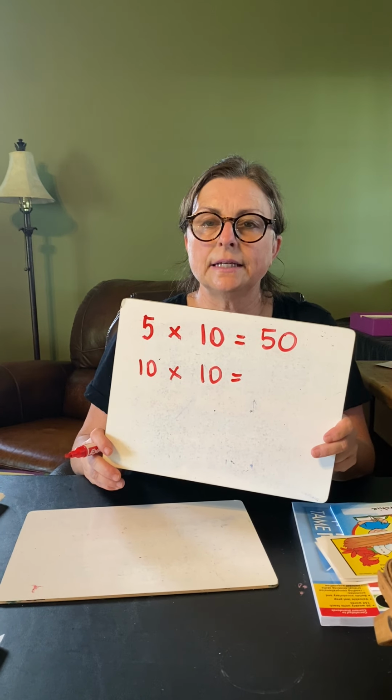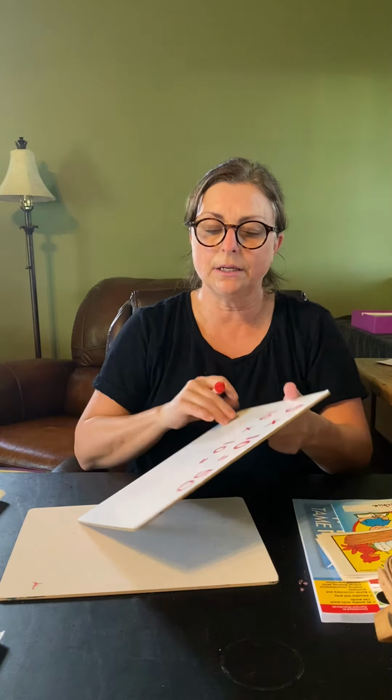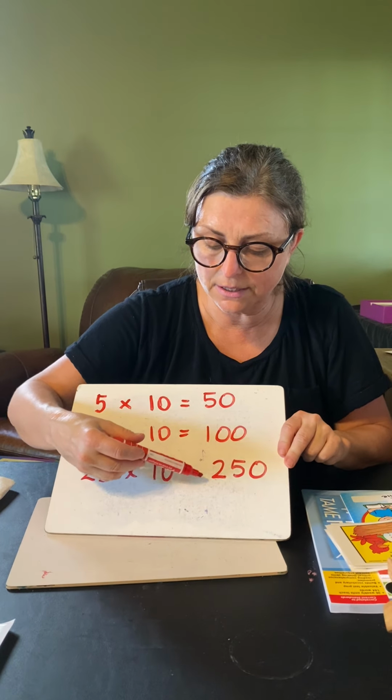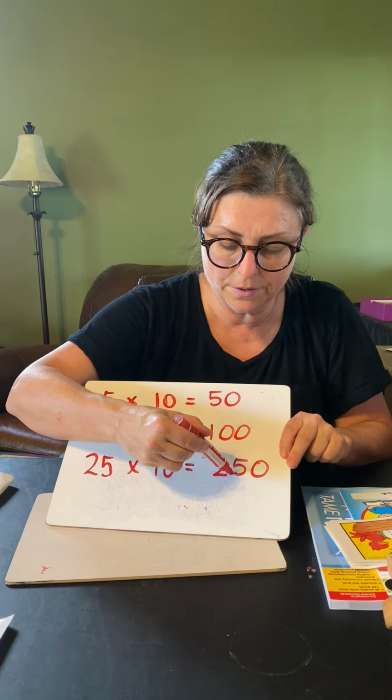If we added 10 together 10 times, it would give us 100. And then a quarter is worth 25 cents. If we had 10 quarters, it's going to give us 250 cents or $2.50.